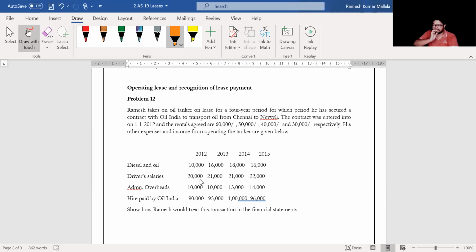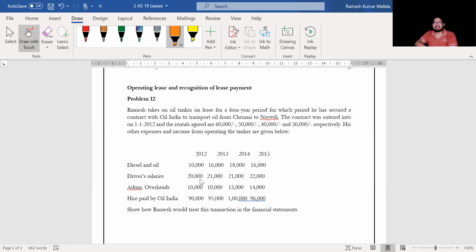Now, first thing important is he's asking you how you should expense the lease rentals being paid over the 4 years. Let us see if we can go by any basis given below. Diesel and oil is varying, and moreover, lease rental is for a particular period rather than the diesel and oil spent.